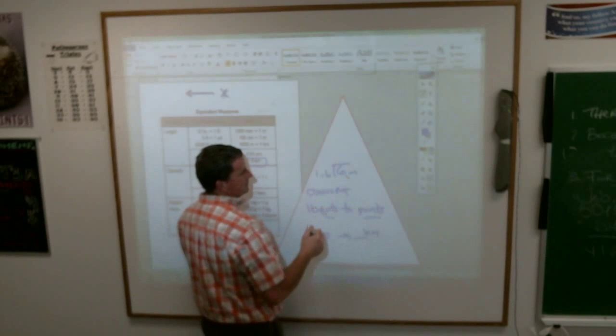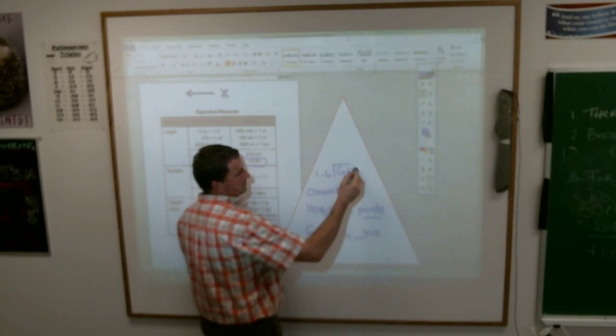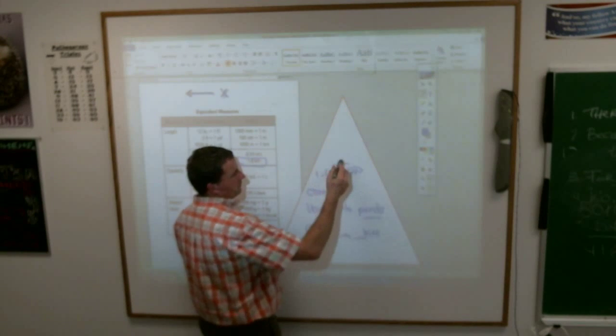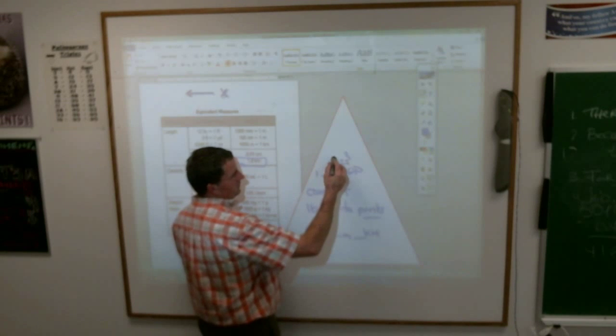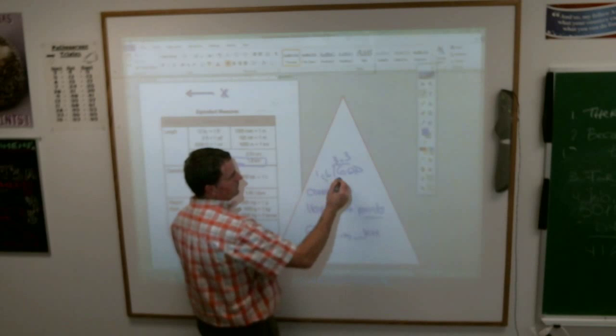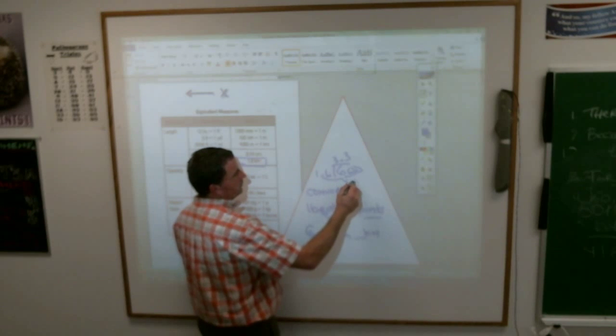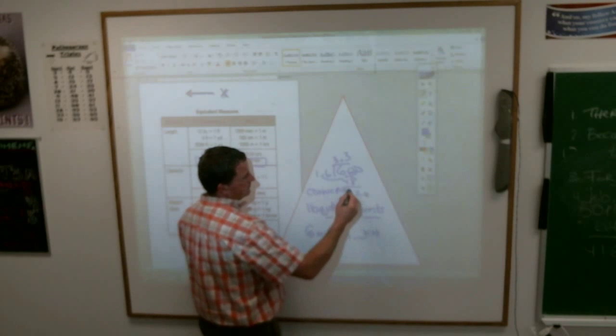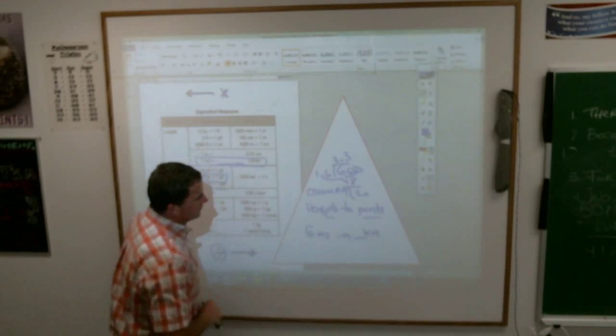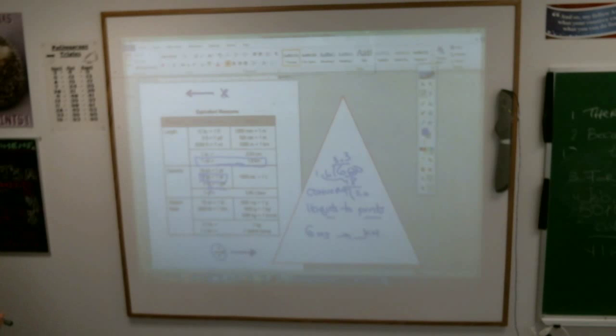What is 6 divided by 1.6? 0.3? I'm sorry, it should be 3. Move this over. 3 is 48, and what do you get? This would be 3.75. I'm not going to do this.